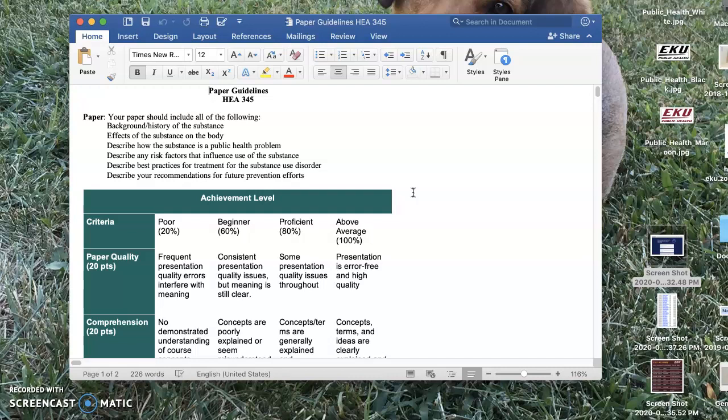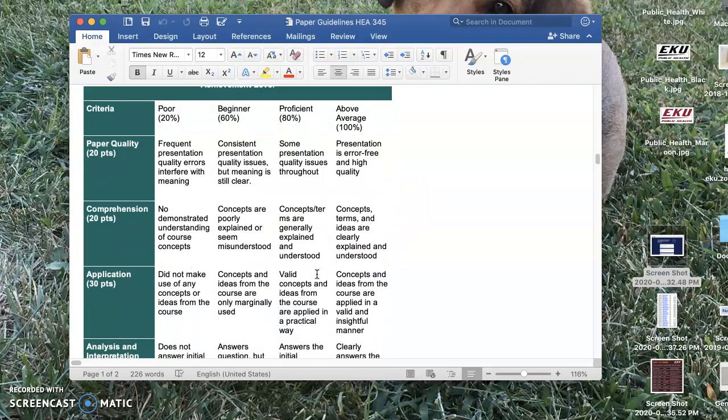So, looking at the rubric, how are you going to be graded? So here are the criteria and then your scale here. So paper quality, and again, I'm not grading on length. I'm definitely more about brevity as long as you do a good job.